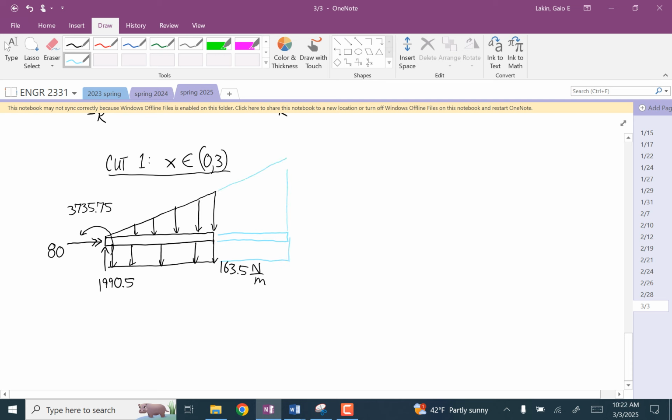And so we know that the height of this triangle is 1,000 over there, but that's if we've gone all the way to 3, and we haven't gone all the way out to 3. We've only gone out to x, which is somewhere in between 0 and 3.